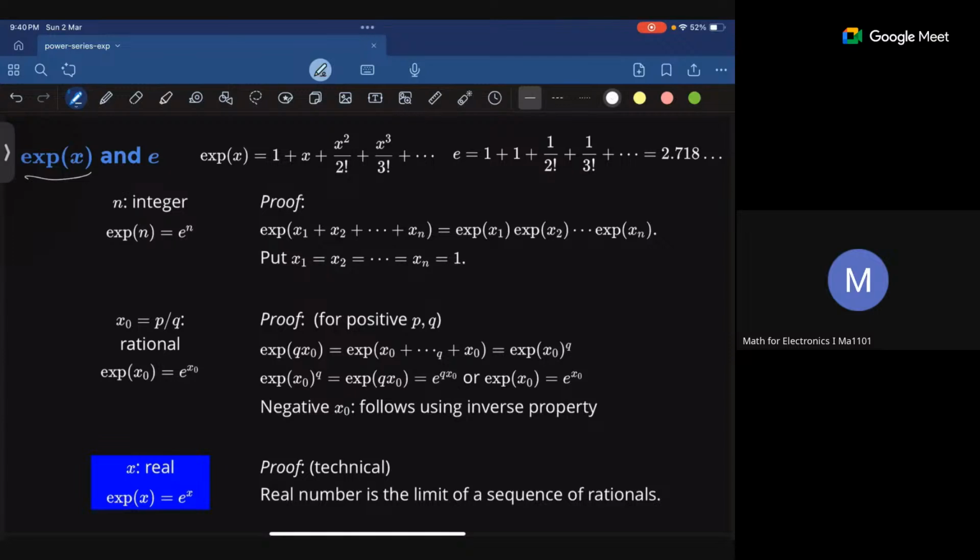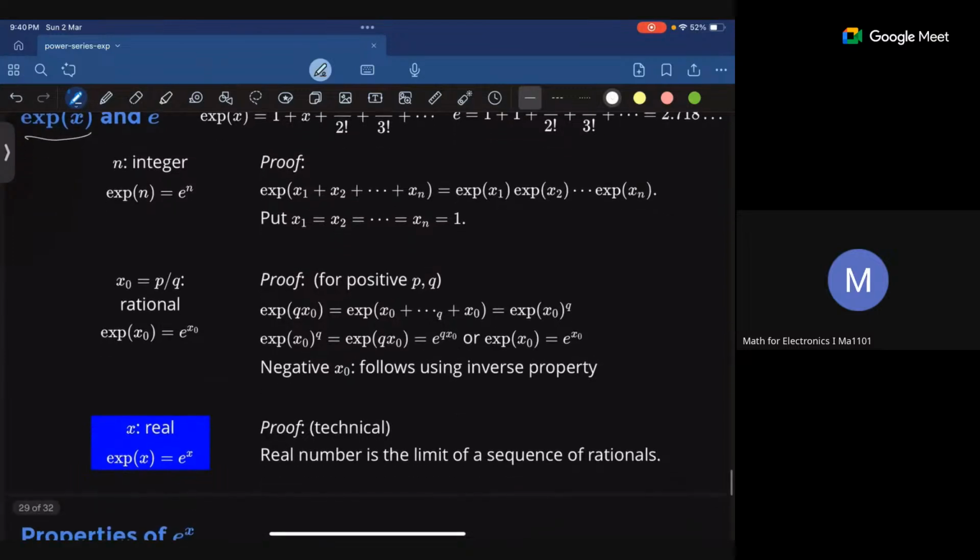So everything will be e. So exponential of n is nothing but e power n, right? So finally, what we conclude is this will hold when n is an integer, this will hold when n is rational, and even if you take x to be a real number, exponential of x comes out to be e power x.